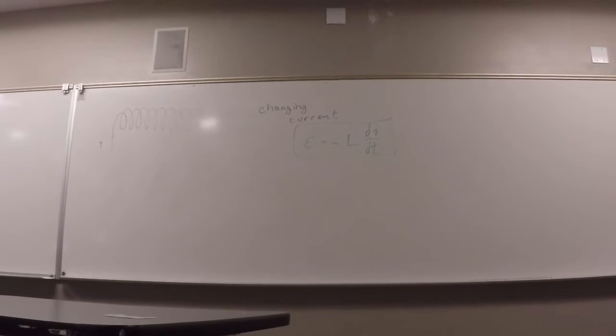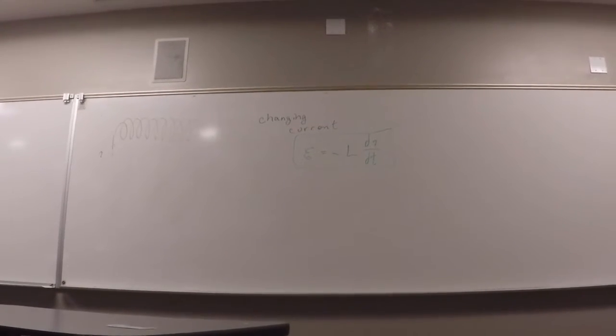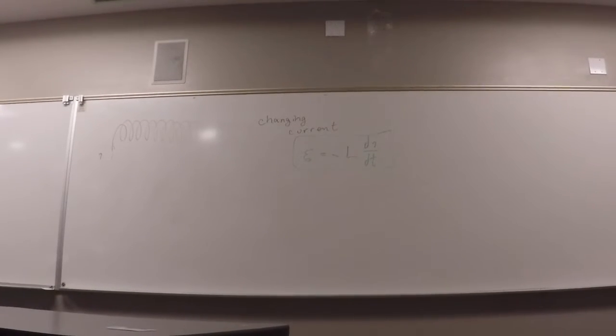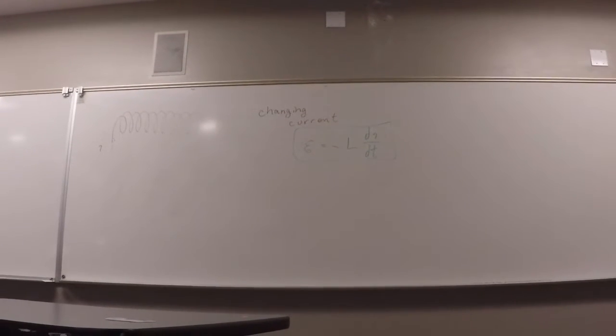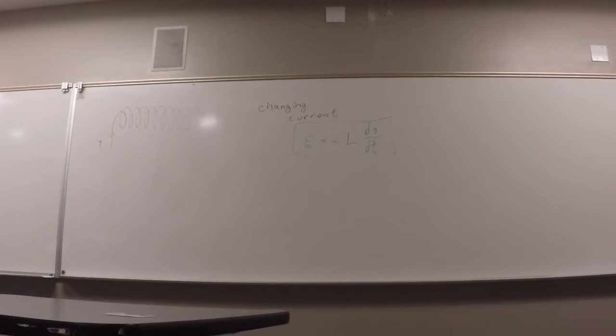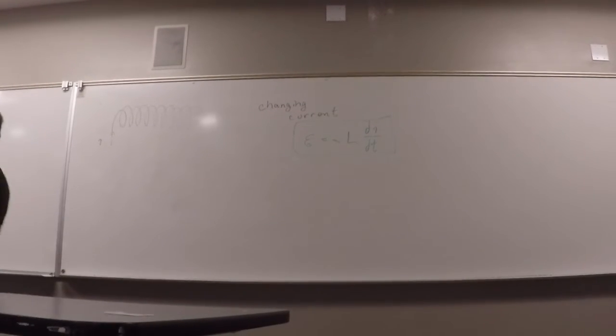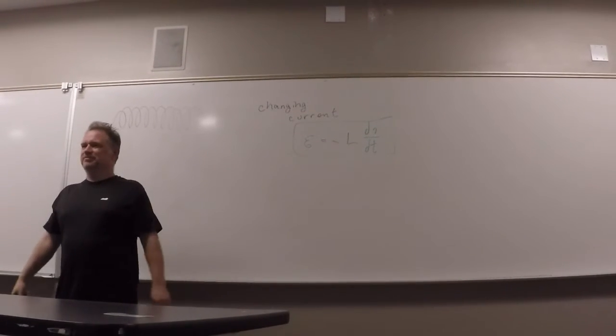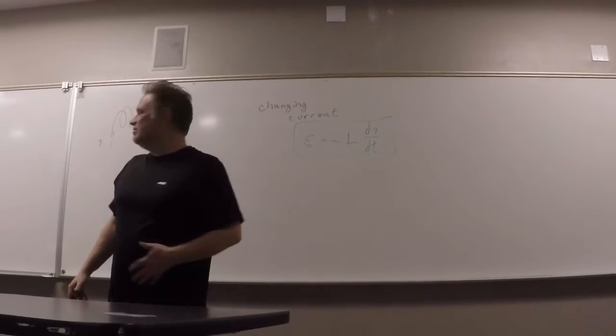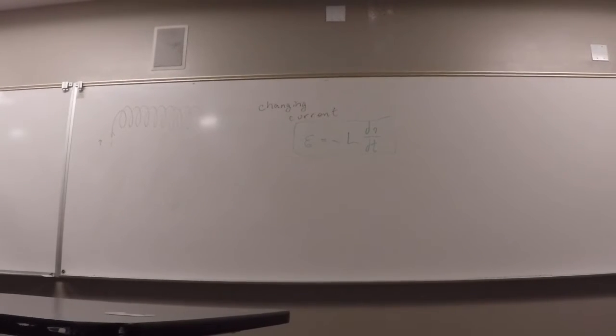This is your last circuit element that we have this semester, and we're going to call this an inductor. So it's an inductor. And we're going to note the self-inductance of it. Okay? So this is the inductor.